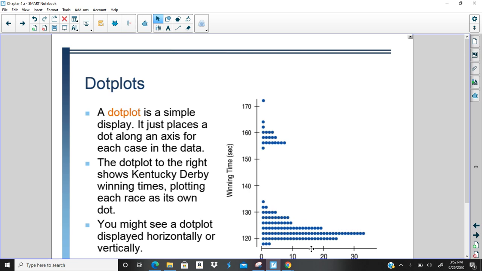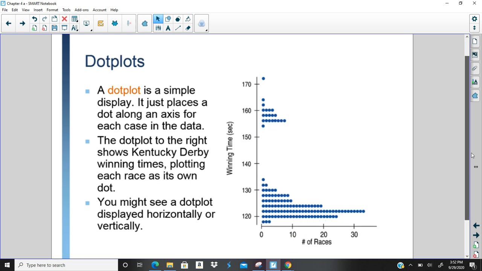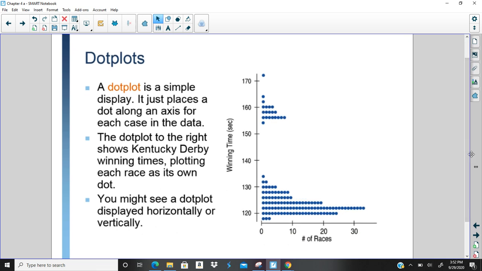In this case, what we're looking at here are the winning times of Kentucky Derby races. So we have the number of races and the time in seconds. Obviously, we can see it's 150 to 160.